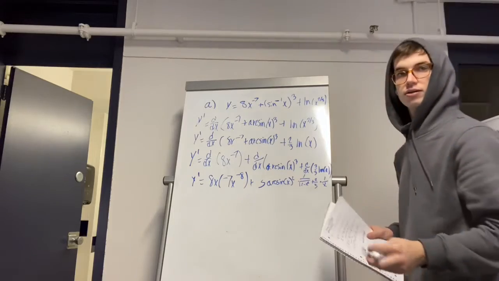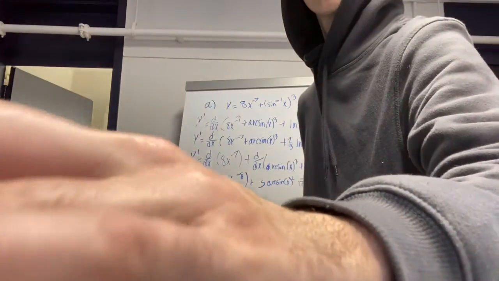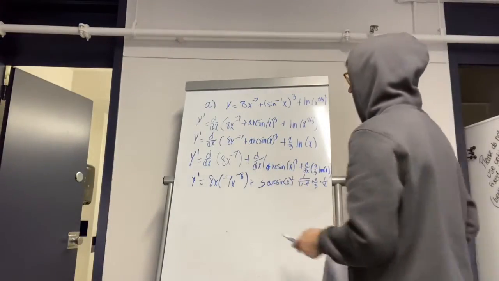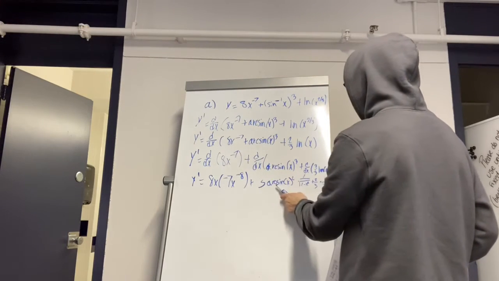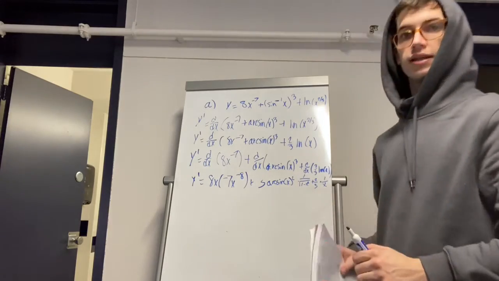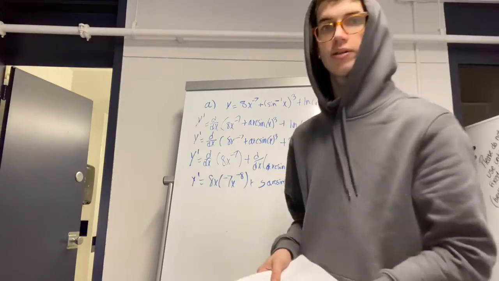So as you can see, we took the derivative of this one here plus this one plus this one. That's how you do problem 1, part A.